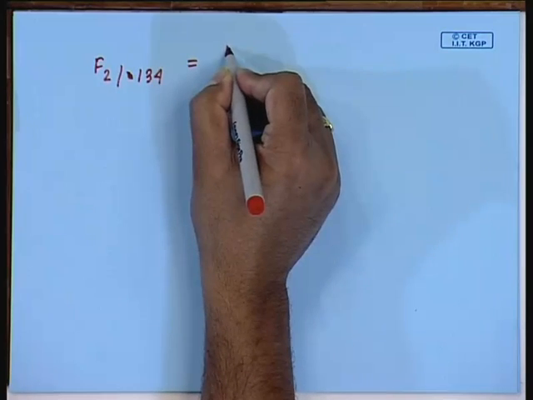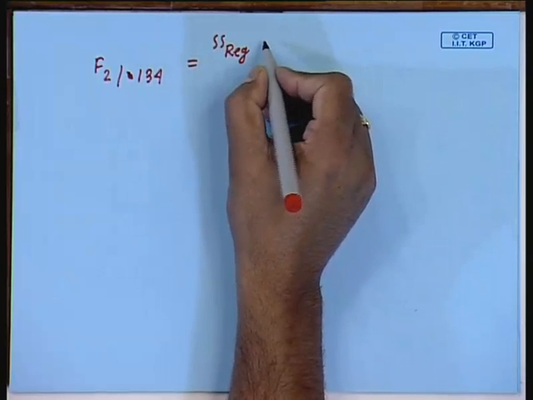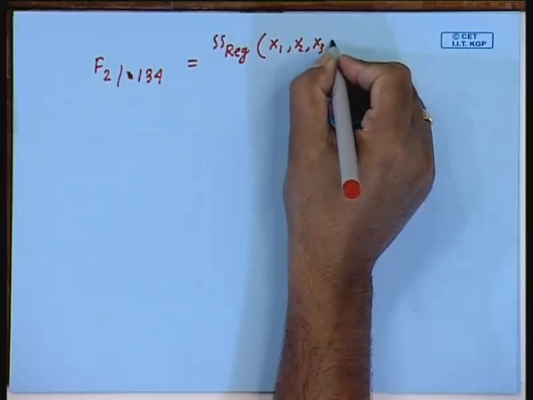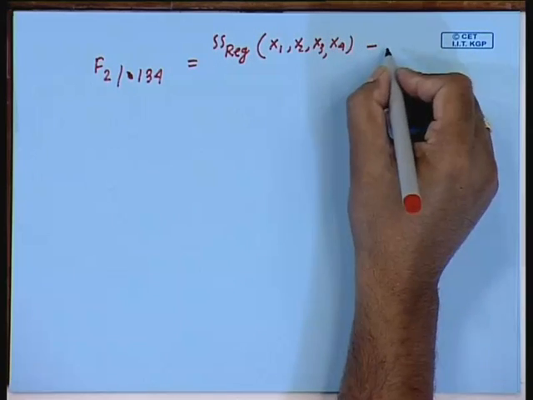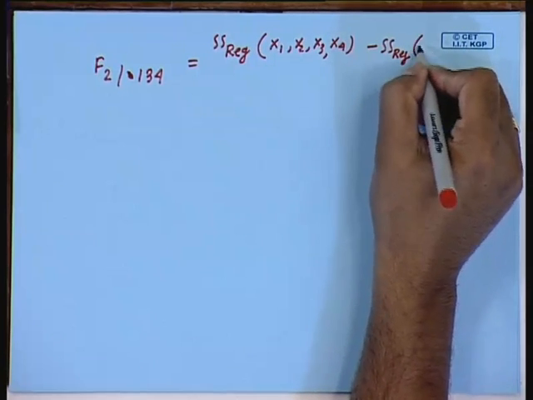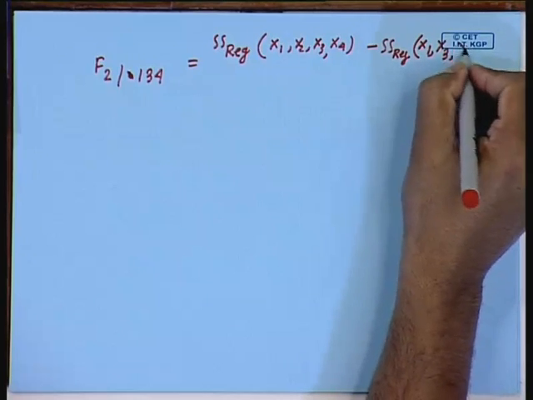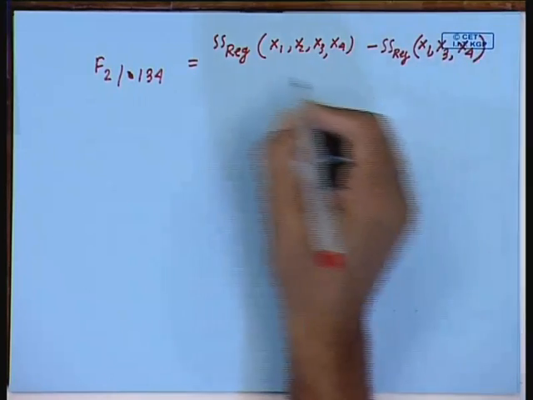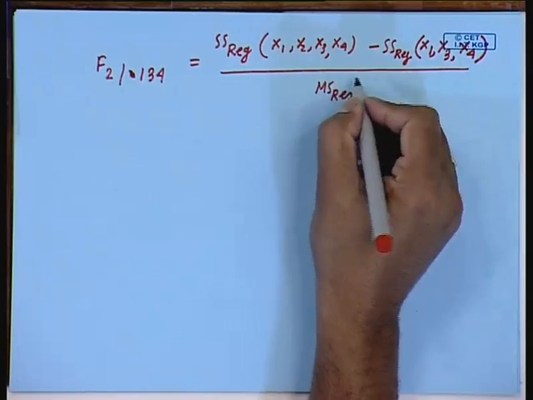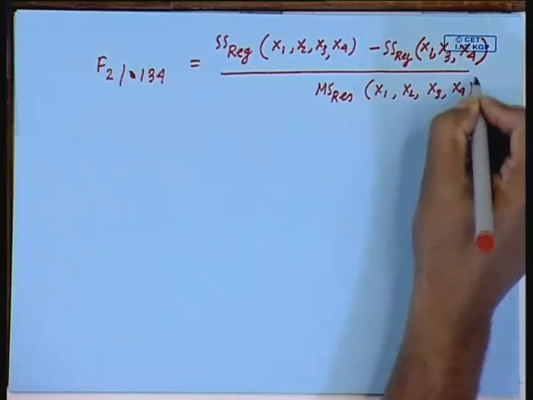So this is SS regression for the full model, that means x1, x2, x3, x4, minus SS regression for the model involving x1, x3 and x4, divided by MS residual for the full model, that means x1, x2, x3, x4.